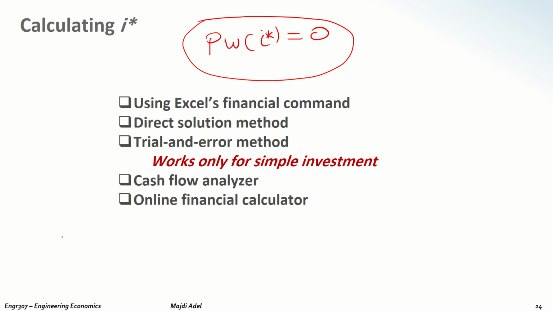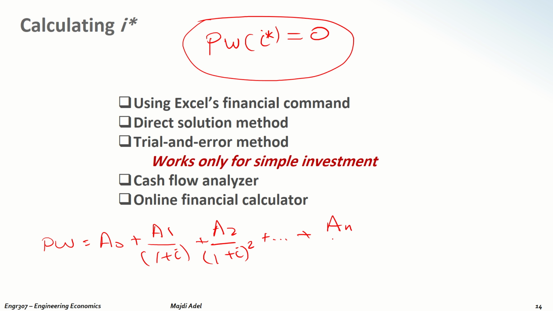If I'm going to apply the formula for present worth, it is A naught plus A1 over 1 plus I, plus A2 over 1 plus I squared, plus An over 1 plus I to the power n, equal 0.